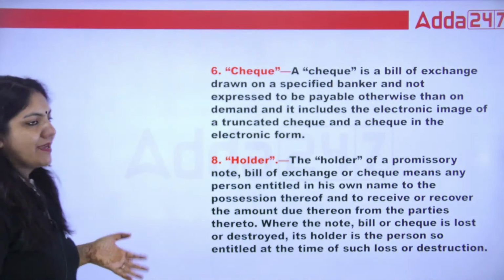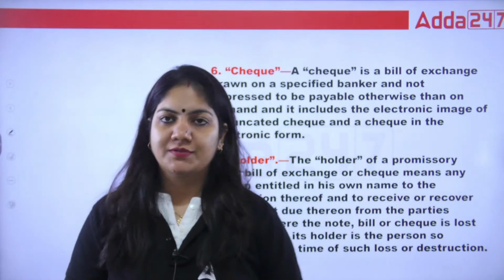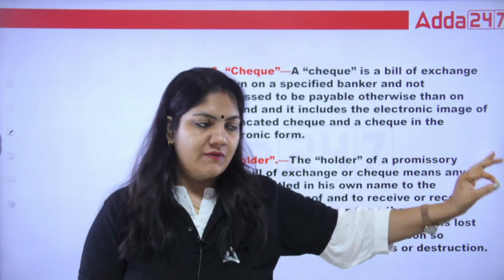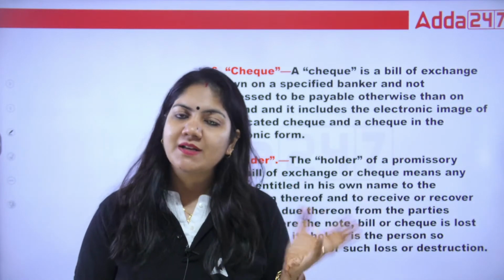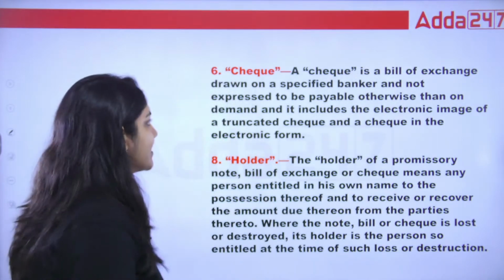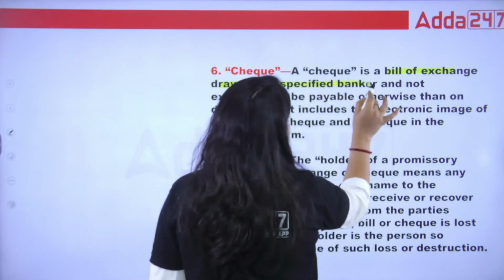What is a check? Suppose Nikita ma'am has given a check to Anish sir. Anish sir will now go to the bank, deposit the check, and the money will be transferred to Anish sir's account. This is called a check. A check is also a kind of bill of exchange drawn on a specified banker.